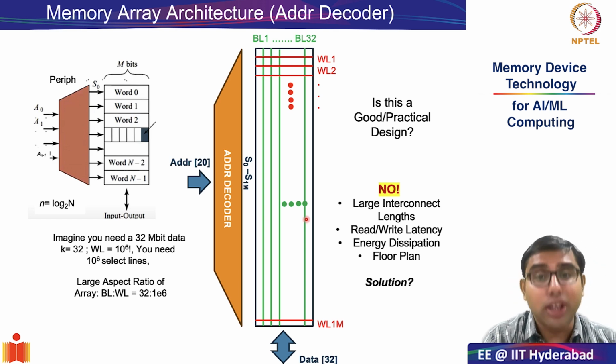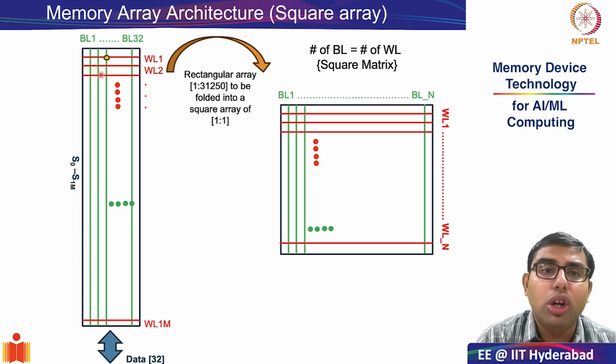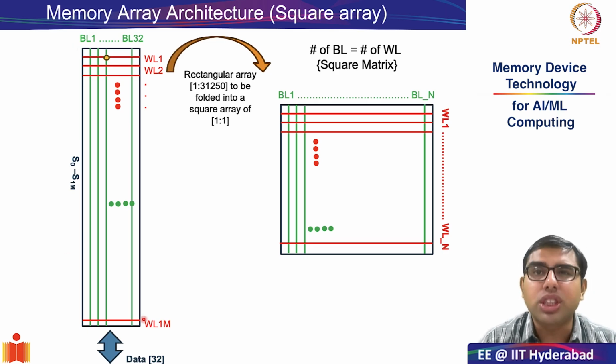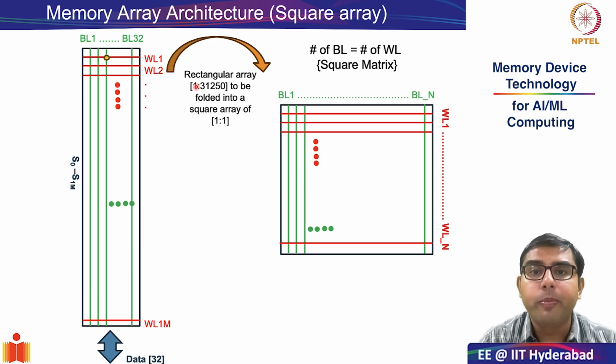So what could be the solution to get rid of these problems? The solution is very simple. Instead of having this long elongated structure with a really weird aspect ratio, an aspect ratio of this rectangular array of 1 to 31,000 odd, can't we somehow fold this rectangular array into a more squarish array with an aspect ratio of 1 to 1?